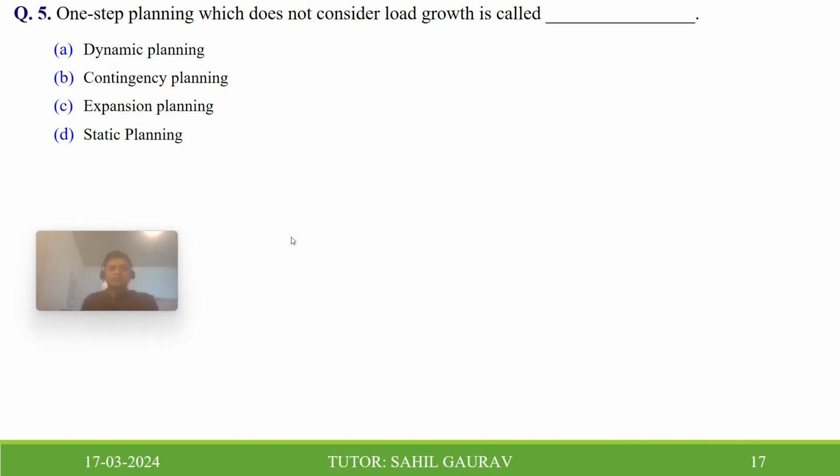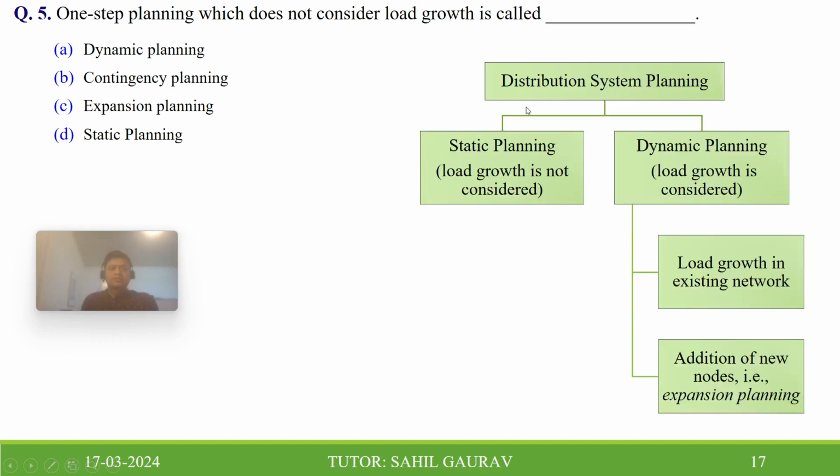If you have not gone through the lecture slides, it is difficult, because in the slides distribution system planning has been divided into two types: static planning and dynamic planning. In static planning, we don't consider the load growth, while in dynamic planning, we consider the load growth.